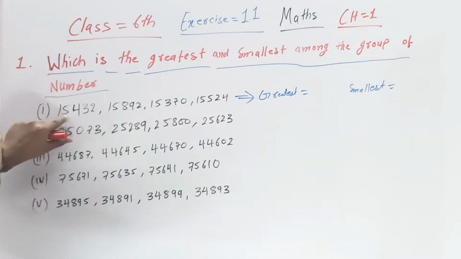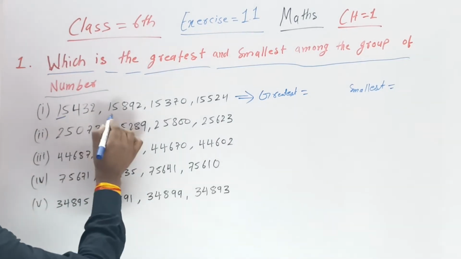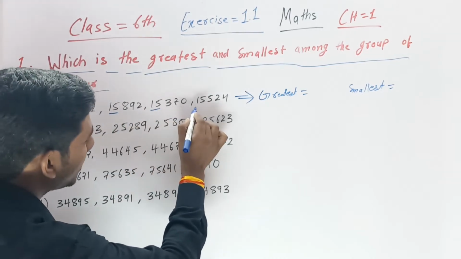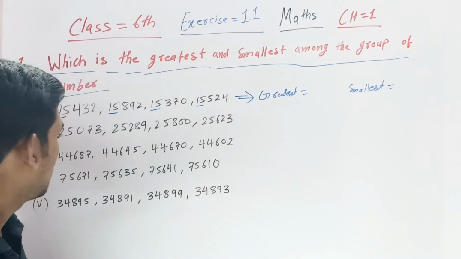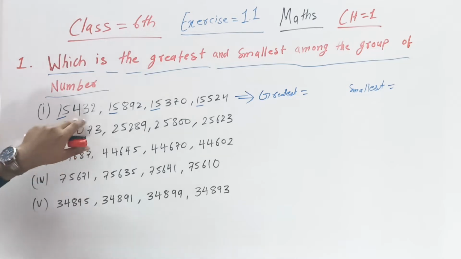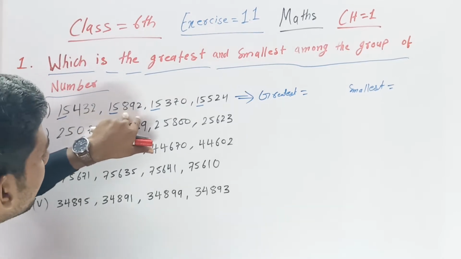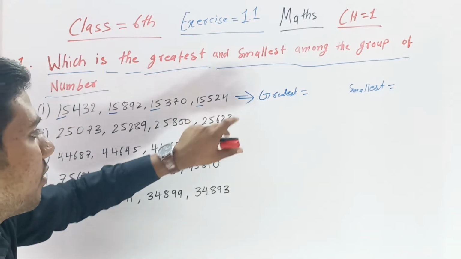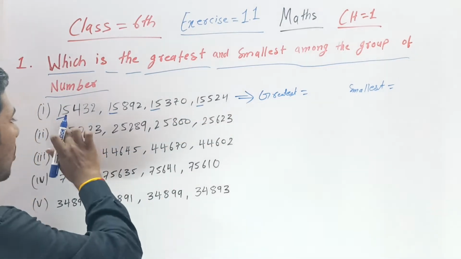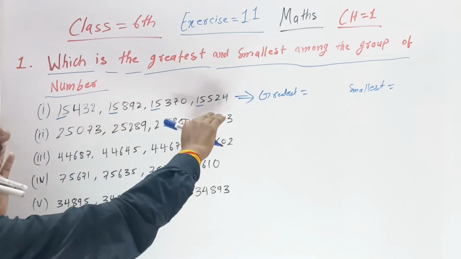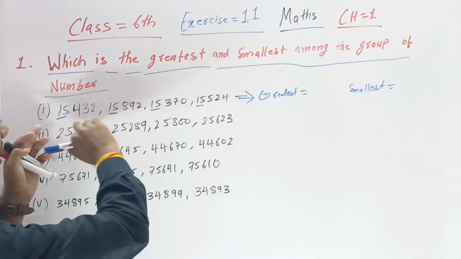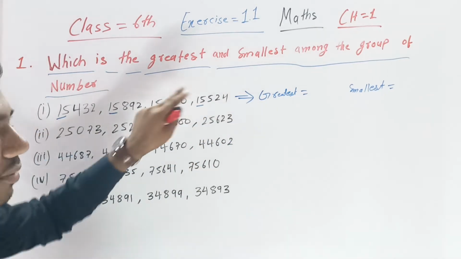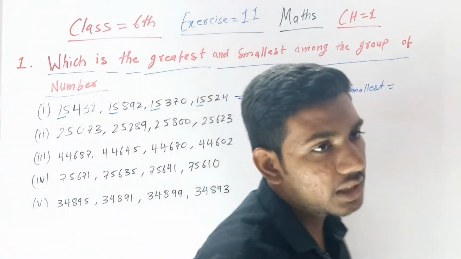If you count these numbers, the thousands part is 15,000 in all of them. Now let's count the hundreds: 432, 892, 370, 524. In all the numbers in this group the thousands part is the same, 15,000, but in the hundreds it is different.